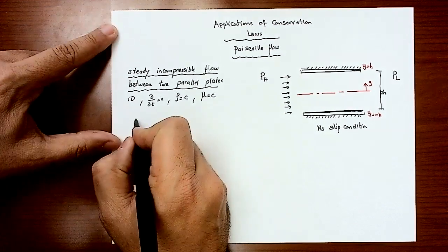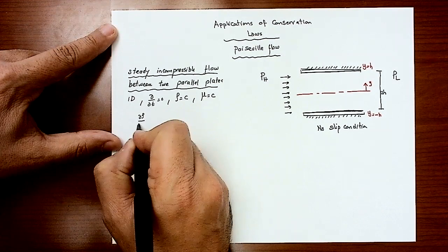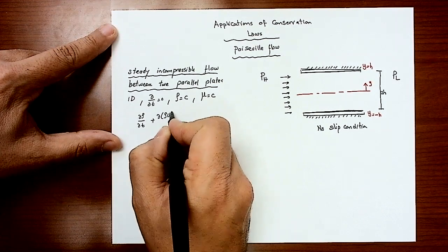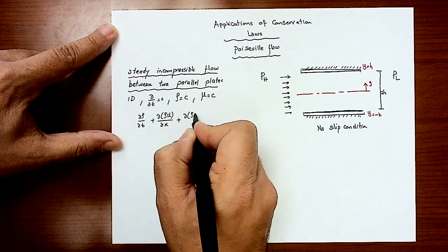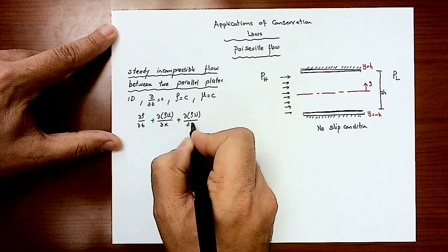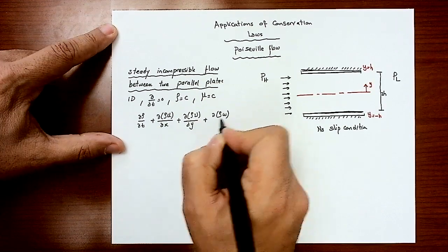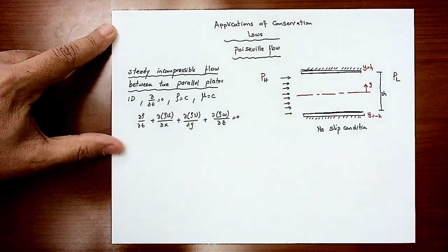For the one-dimension case, I would have partial rho by partial t plus partial rho u by partial x plus partial rho v by partial y plus partial rho w by partial z. It's equal to 0.